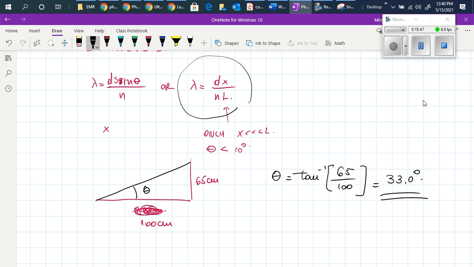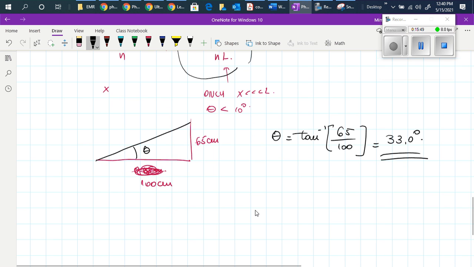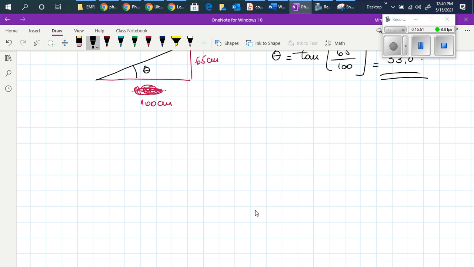Now that we know the angle theta, we can use the other formula, lambda is equal to d times sine theta over n. And n is equal to 1 since we are dealing with the first order of antinode, and we are not taking 1 over 2 away from n because we are not dealing with nodes.